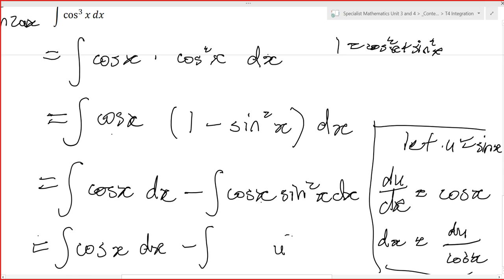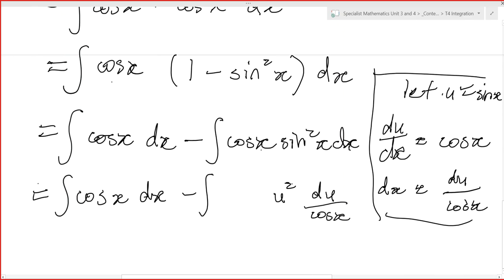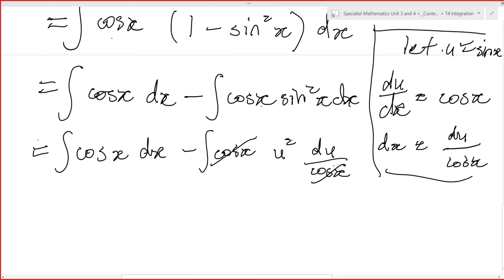So the sine becomes u squared, the dx becomes du over cos x. So these cos x's cancel out, and we're just finding the integral of u squared.